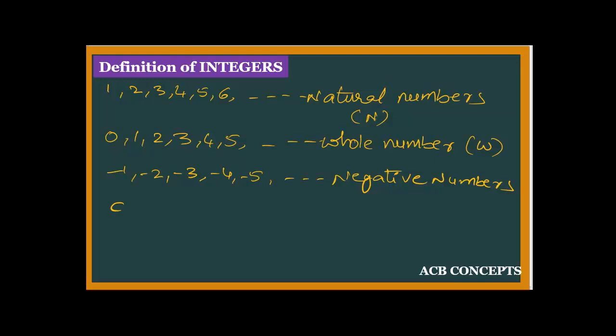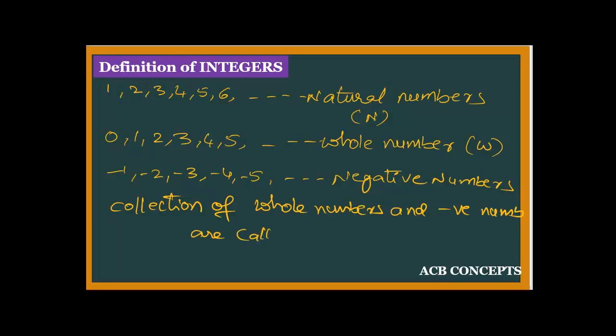So the collection of whole numbers and negative numbers is called integers.